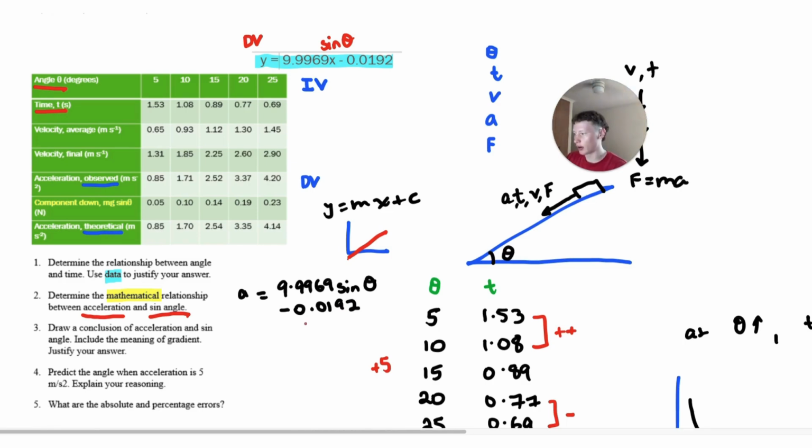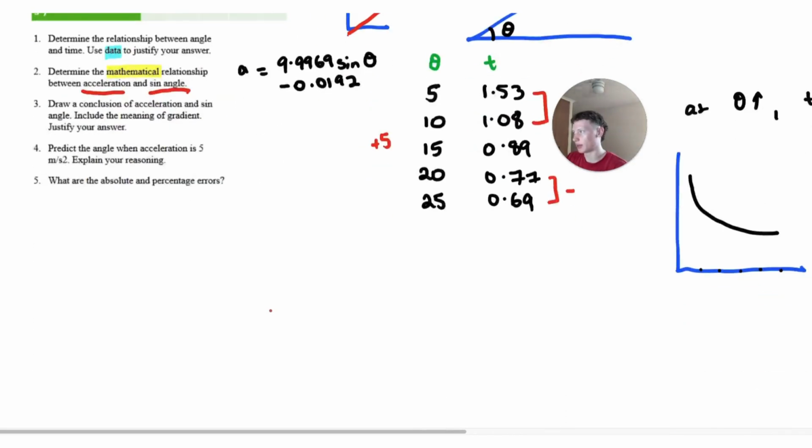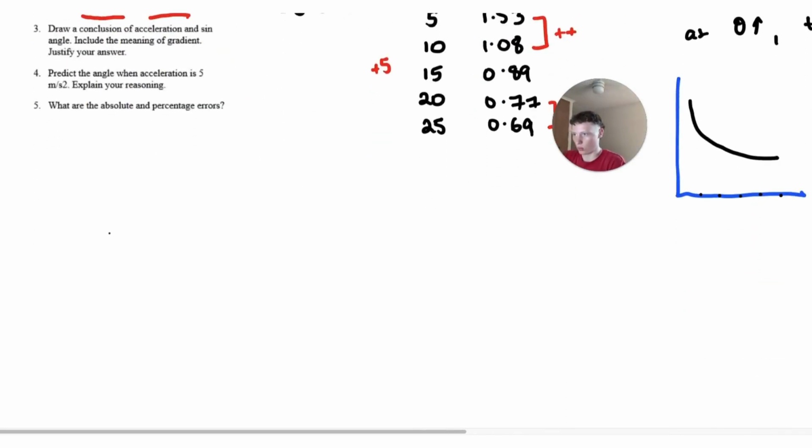So the conclusion that I would draw, and gradient here, it suggests, okay, well, when we go up by 1 sine of theta here on the side, and it won't be 1 and 2, but we'll just say like 0.5, acceleration will jump by from 0 to 1.